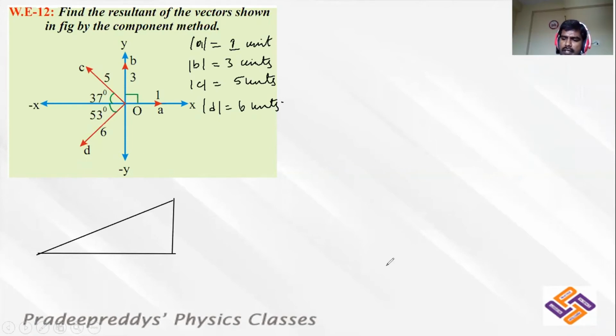This smaller side, I can take as 3 units. This is 3, this is 4, and this is 5. Right? Length of OA is 4, length of AB is 3, and length of OB is 5.